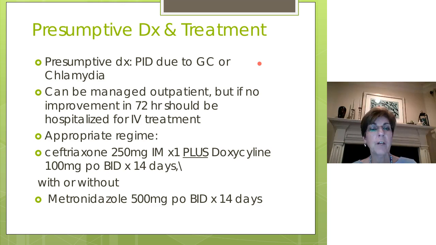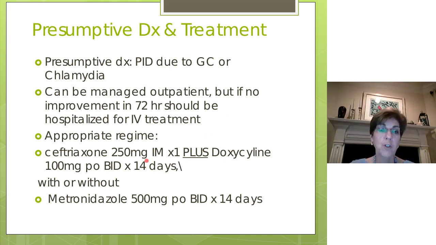I want you to know the first-line oral regimen. You don't need to know the IV regimen. Appropriate treatment is to treat both the chlamydia and gonorrhea with ceftriaxone 250 plus doxycycline 100 BID for 14 days, not for 7, with or without metronidazole.